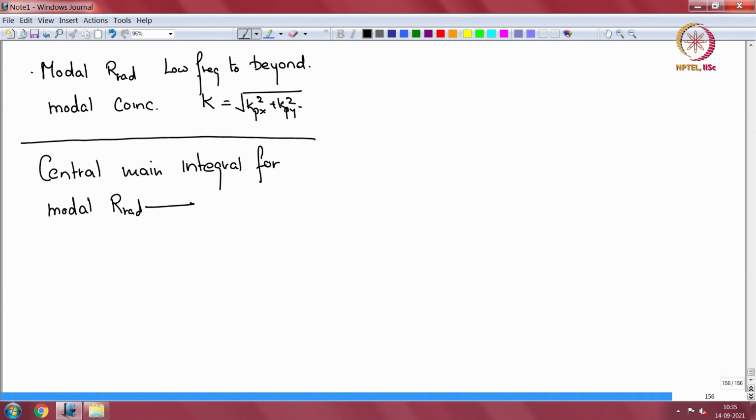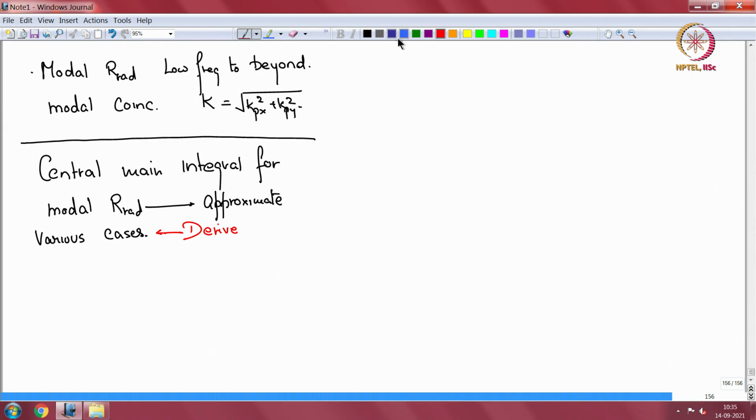And from there he starts to approximate various cases. And so we will derive this central integral, okay, because it's a bit convoluted. Okay, we will derive it from the start.